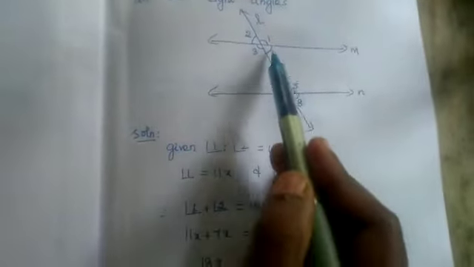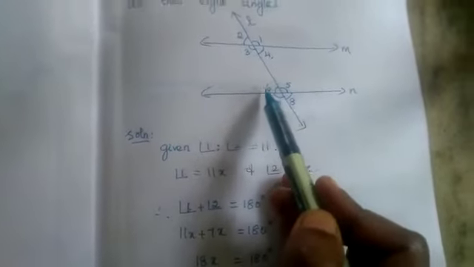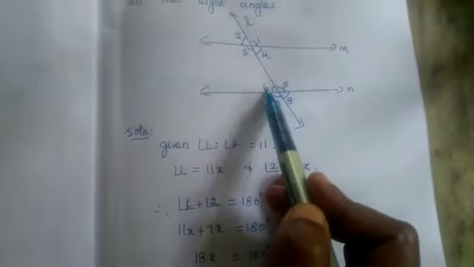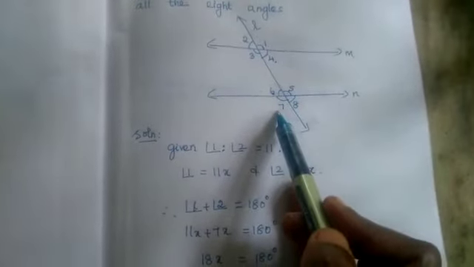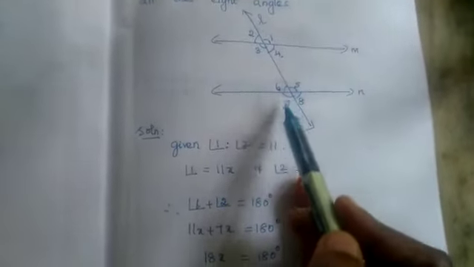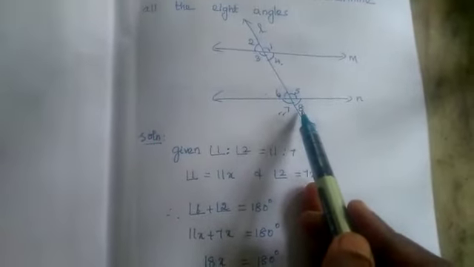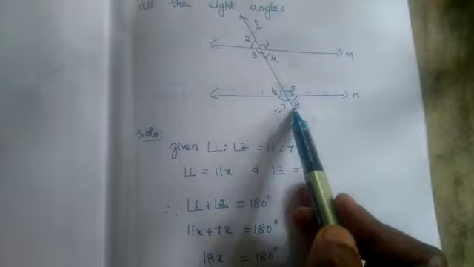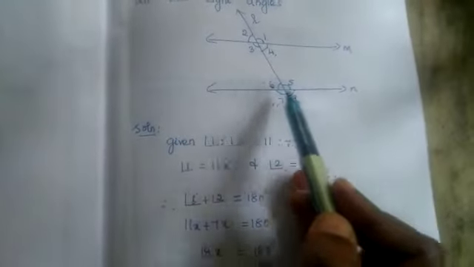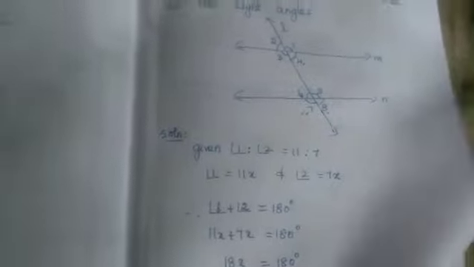The value of angle 4 is 70 degree, so angle 6 is 70 degree. In the same manner angle 5 is 110 means angle 7 is 110 degree, since vertically opposite angles are equal. Next angle 8 and 6, alternate angles are equal. In the same way we are going to find.